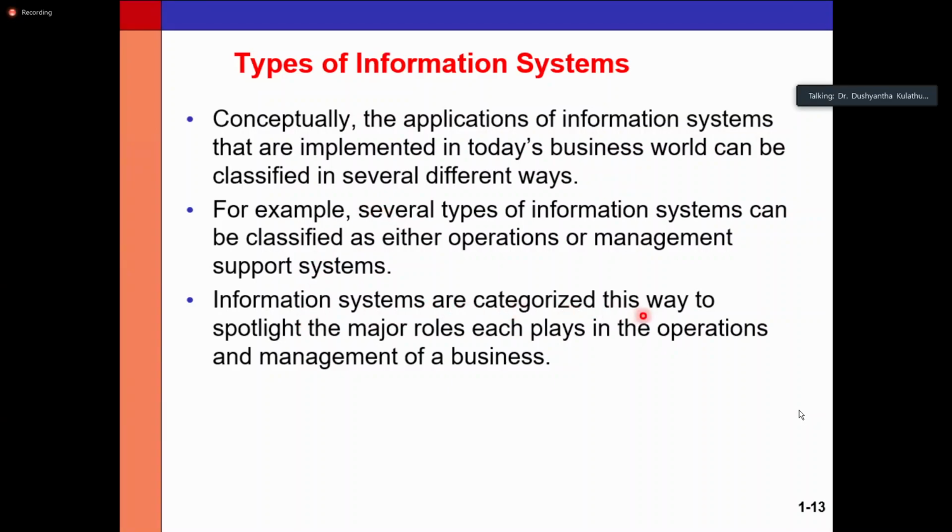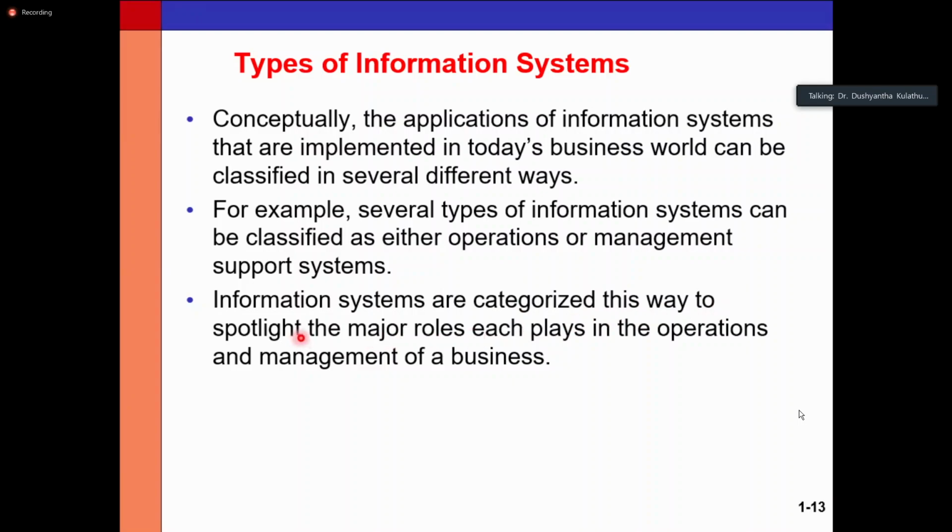Information systems are categorized this way to spotlight the major roles each plays in the operations and management of a business. Now, what is the classification we are utilizing? Basically, we are classifying information systems into two. What are those two categories? Operation support systems, management support systems. Why do we classify them this way?